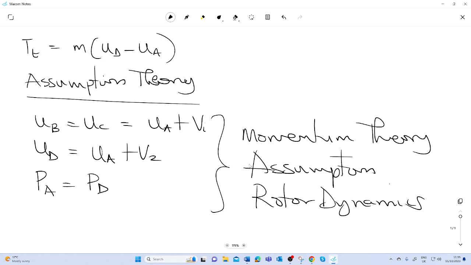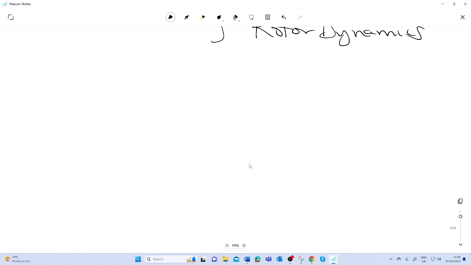Now let's assume we break the rotor stream tube into two sections or two regions using Bernoulli equation.